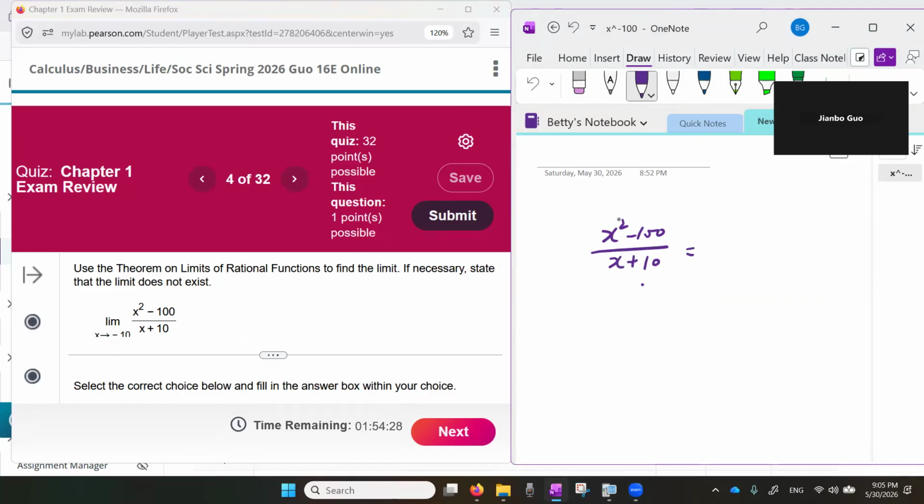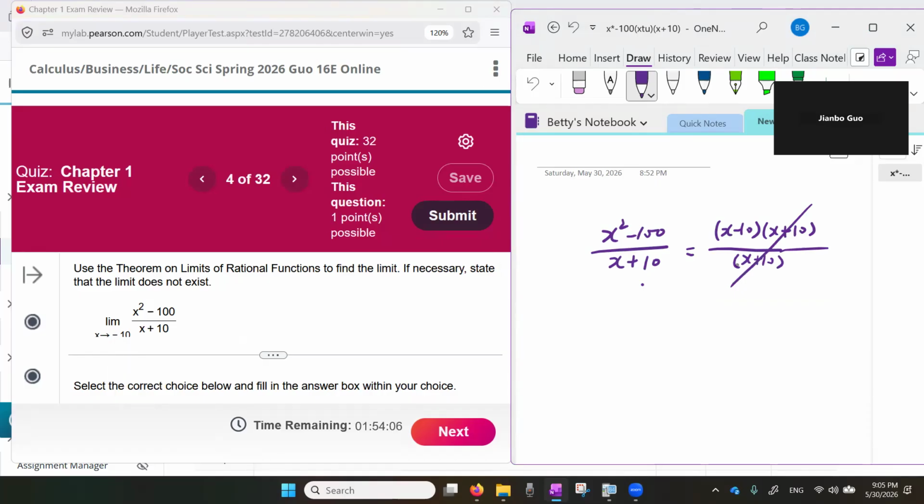And we're able to simplify the function. Factor the numerator, we have x minus 10 times x plus 10. The denominator is x plus 10. And we're going to cancel x plus 10 and x plus 10. All right? So this is allowed because we're looking for the limit at -10.